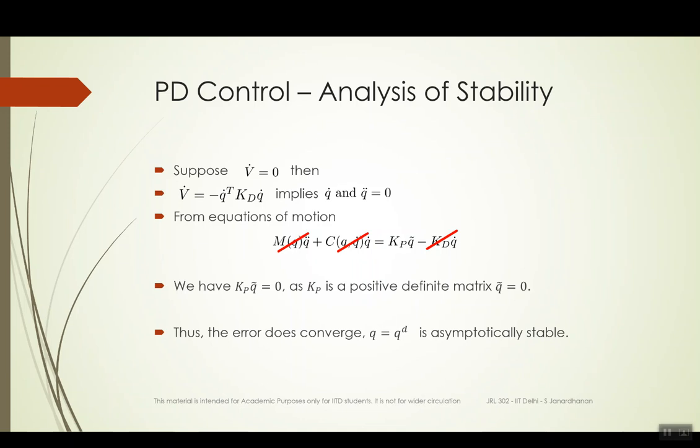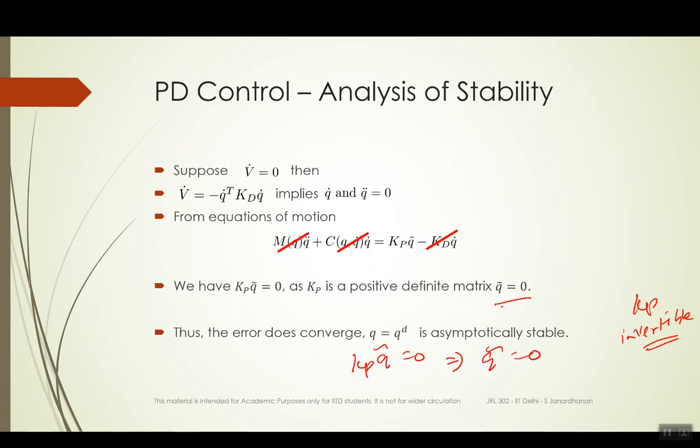However, even while formulating the Lyapunov function, we assumed that Kp is a positive definite matrix. Even more basic than positive definite, for Kp to be a positive definite matrix, Kp should be invertible. Since Kp is invertible, Kp q tilde equal to 0 would imply that q tilde equal to 0.